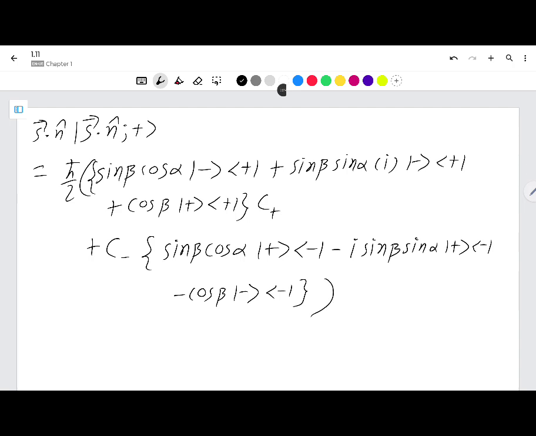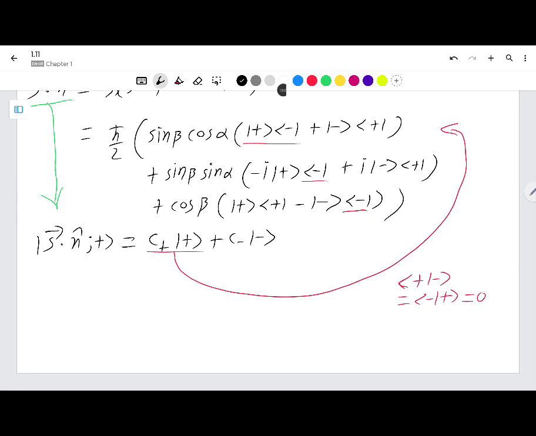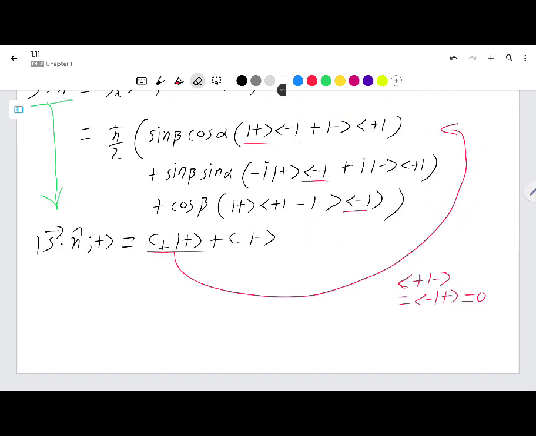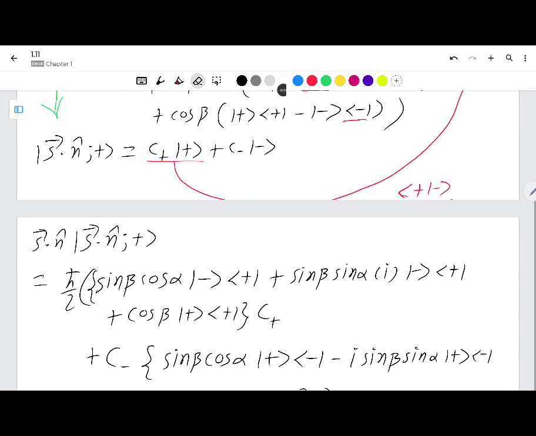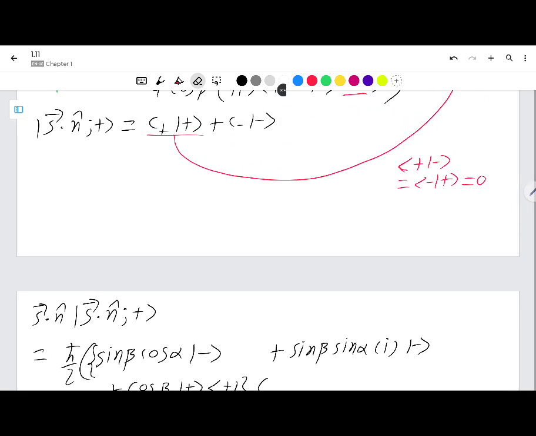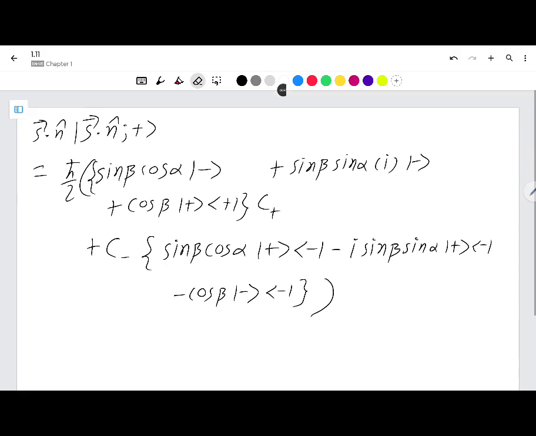I made a mistake here. These are operators, so when the plus multiplies with plus, the remaining part will be minus. This will be minus, this will be minus, this will be plus.